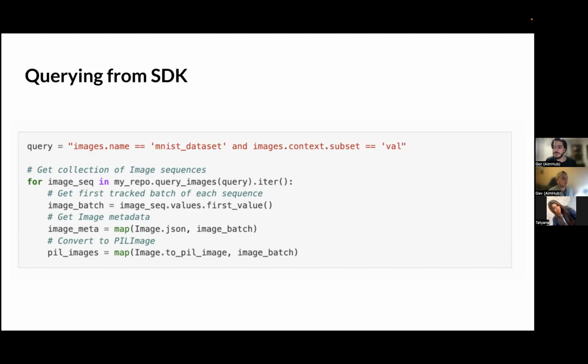The first question I have is, why is AIM designed to have a Pythonic query language? Why Pythonic? The main benefit of having a Pythonic expression versus, for example, SQL is that all the AI practitioners who code in Python already know it, and there is no need to learn something else.